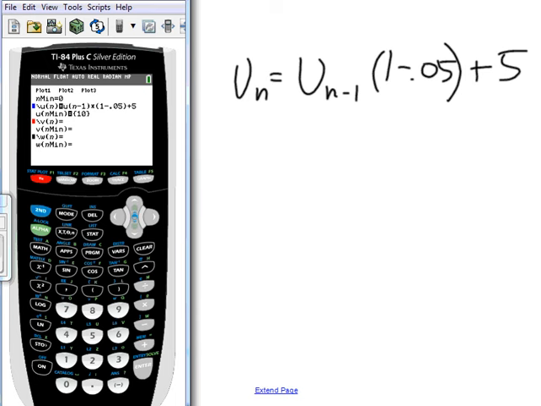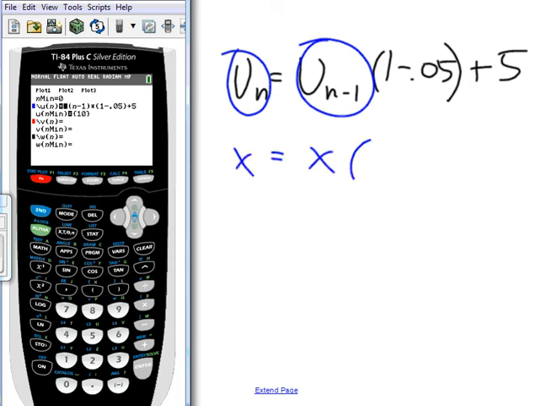Okay, in the long run, this number and this number are going to be the same. And I don't know what they are, so I should call them x. x equals x times 1 minus 0.05, which by the way is 0.95, plus 5. That is an equation you can solve.